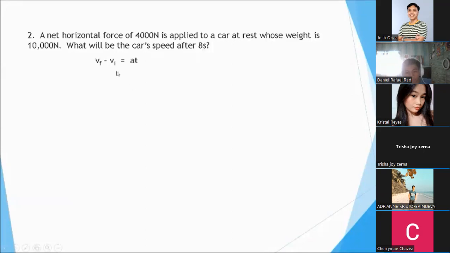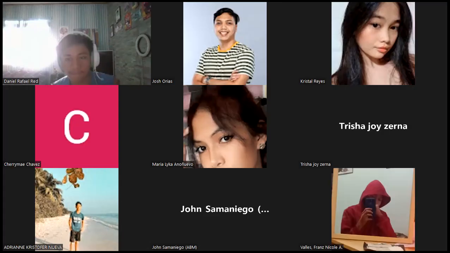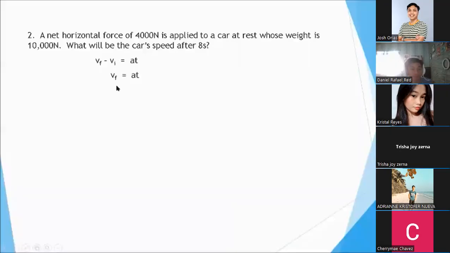So our formula is V sub F minus V sub I is equal to at. Since the car starts from rest, V sub F is equal to at. But we need acceleration to solve for the final velocity, kasi given naman na yung time which is 8 seconds. But the acceleration is not directly given.